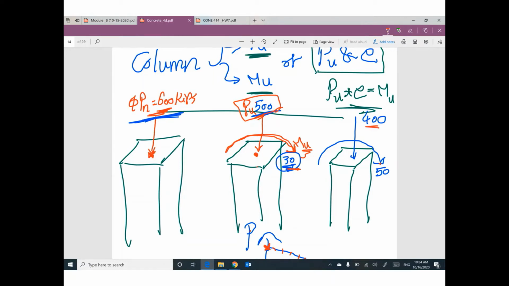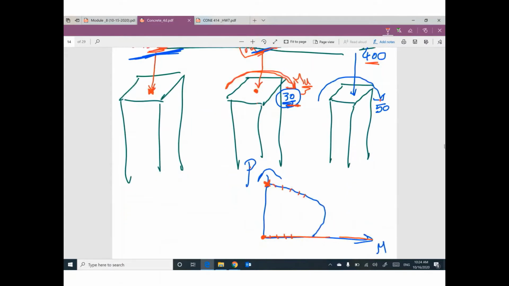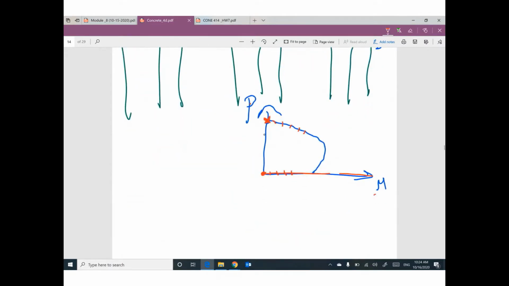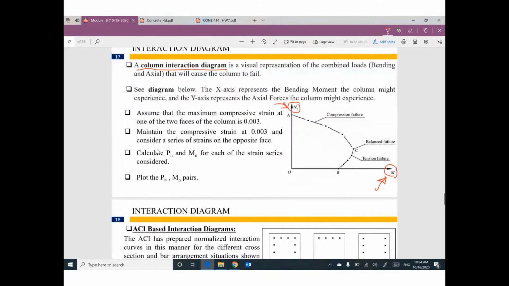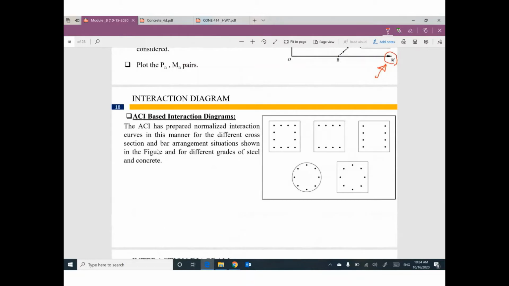So if you draw a relationship between moment and the axial capacity, you can find this curve, which you call an interaction diagram. It's very important to understand this concept. Sometimes, if you have a moment on the column for any reason, we put reinforcement uniformly distributed.